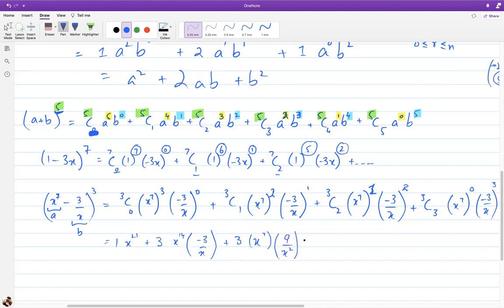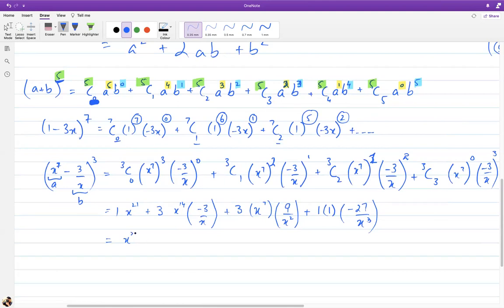Remember that this is minus 3, so minus 3 squared is 9, plus 9 by the way, and this is 1, this is again 1, and that is minus 27 over x cube. And you just expand it. So that's basic algebra. So you will end up with minus 9x to the power 13 plus 27x to the power 5 minus 27 over x to the power 3. So we expanded it, right?